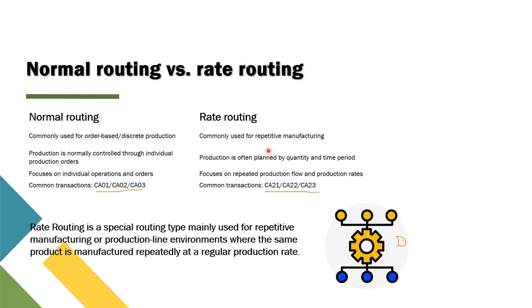So rate routing is obviously the special type of routing mainly for repetitive manufacturing. But when we are dealing with, like I already told you, the other kind of SAP PP, for example, production planning, not repetitive, we are dealing with discrete manufacturing process.